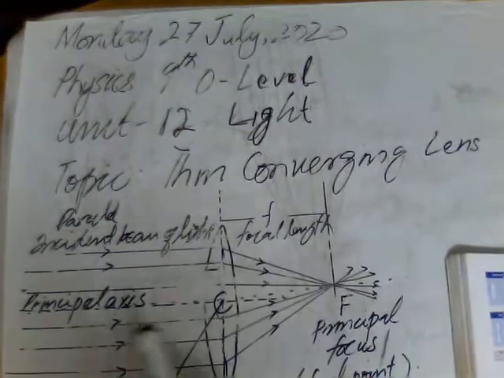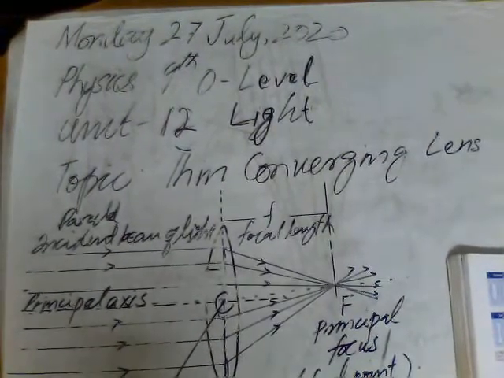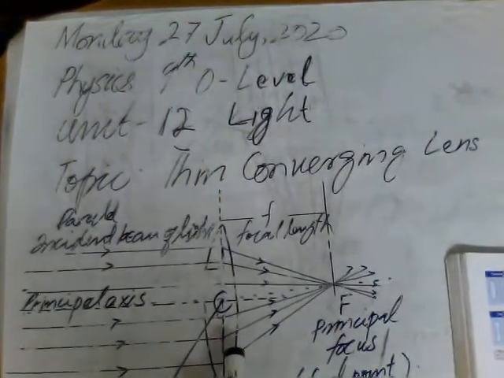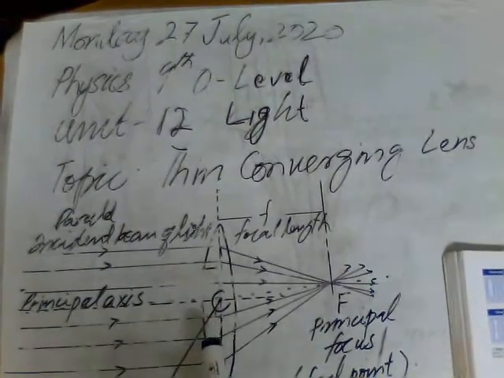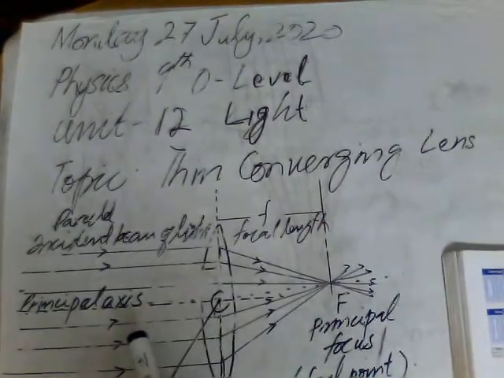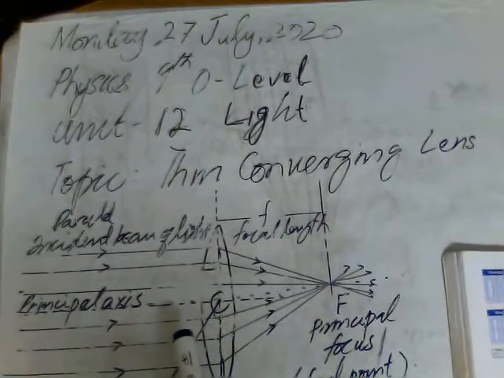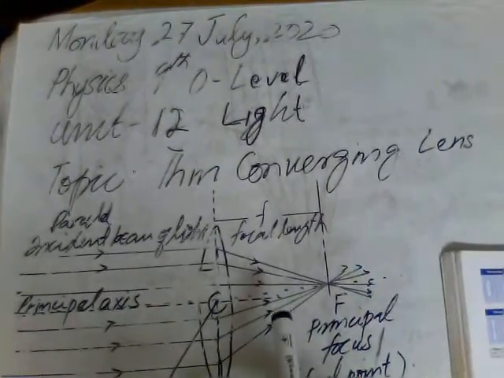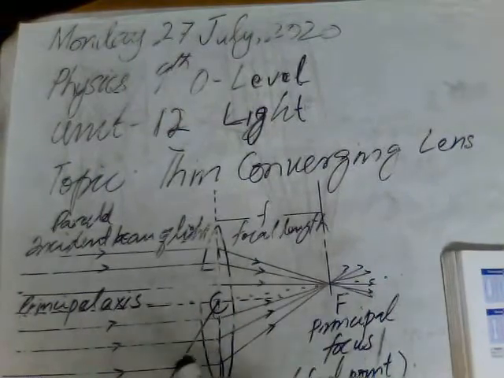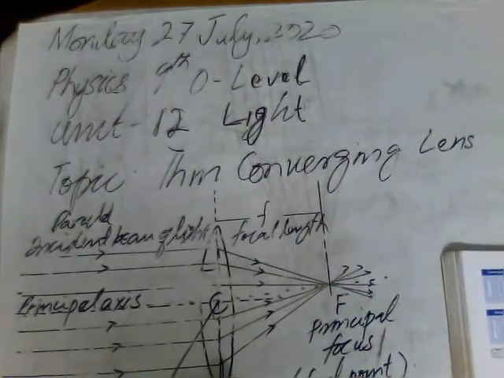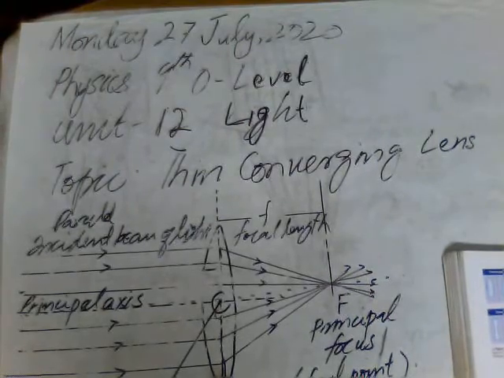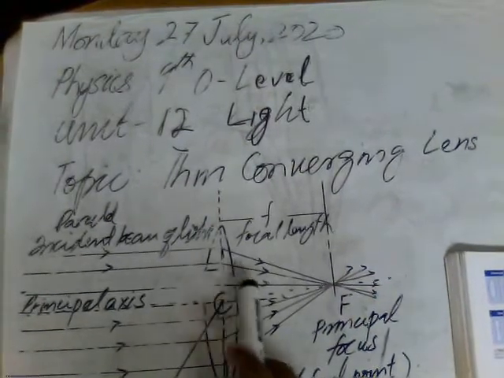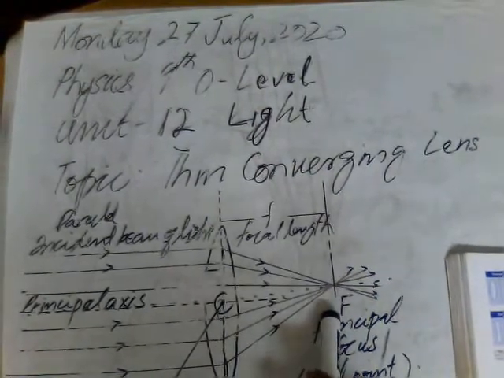All the parallel light rays, parallel meaning parallel to the principal axis, when they refract through the convex lens, converge on a single point.